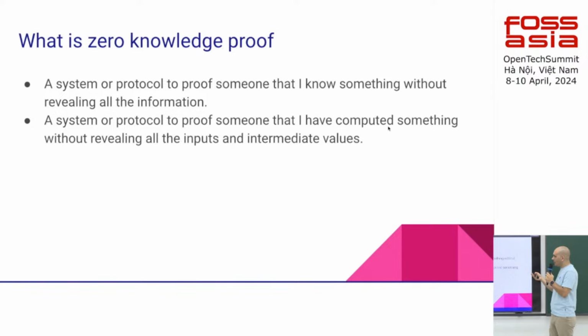If you apply it to software engineering, you can see it as a way of proving that I have done a computation. I can prove that I have done a computation from an input to an output without revealing all the information. I can reveal part of the input, or not the input, or the output, or the intermediate values in this computation. So that's what zero knowledge proof is as applied to software engineering.